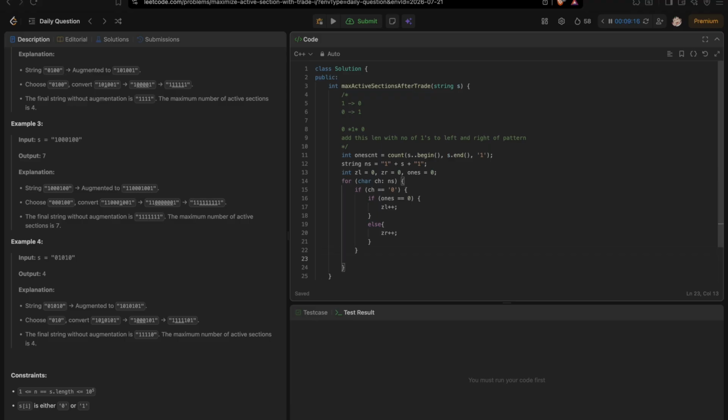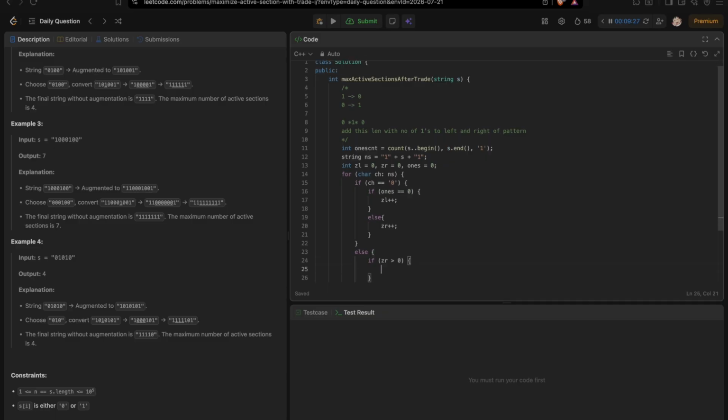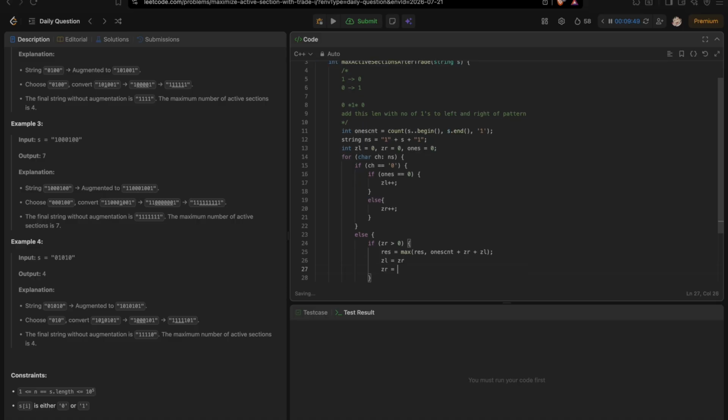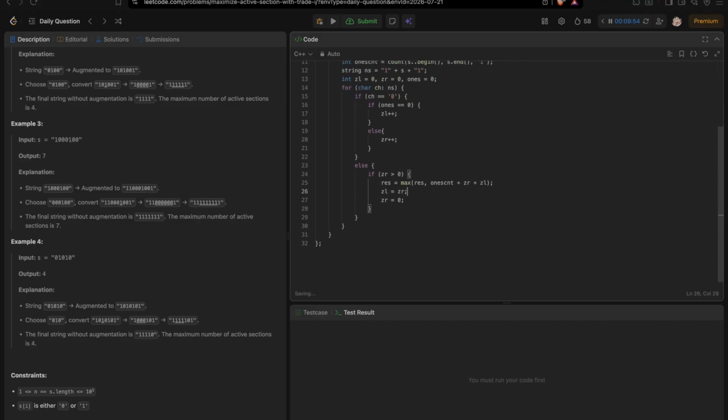Okay. Now when we come to know that we are having one, we check if zero right is greater than 0. We just take the maximum of result, comma ones count plus zero left plus zero right. Now zero left will become zero right and zero right will become 0, because for the next operations we don't need to consider the old zero left.